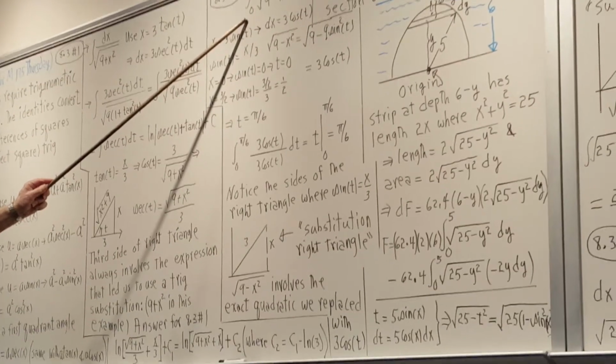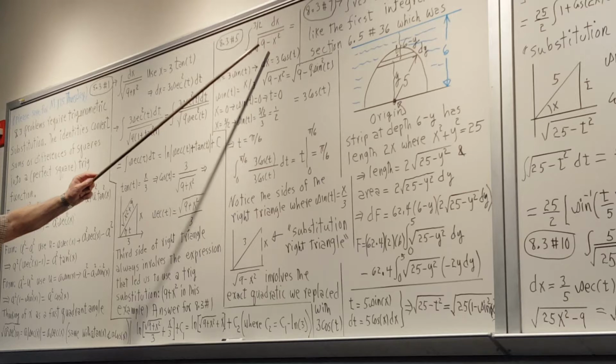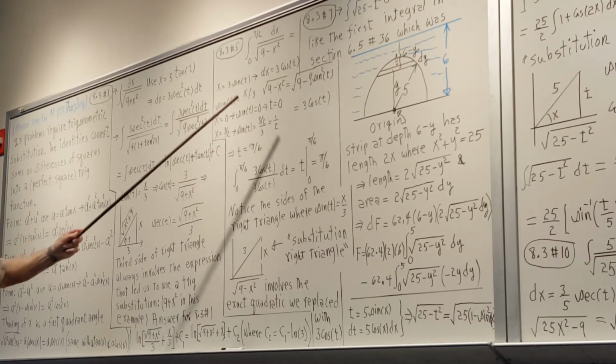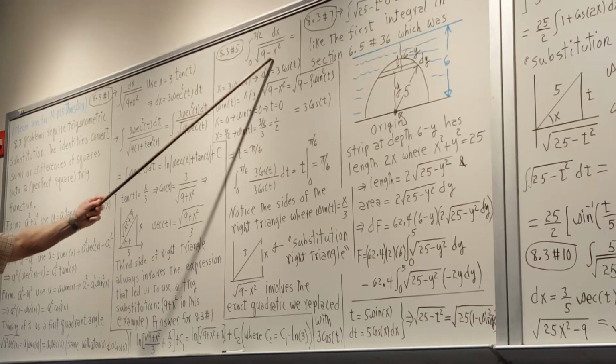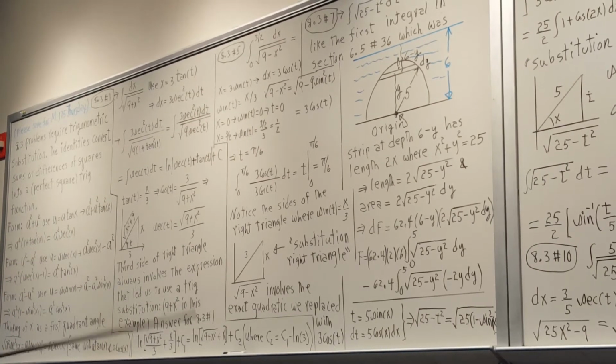Here's a definite integral, and you notice you have a difference of squares, the constant minus the variable type. And so that's your sine cosine type substitution.